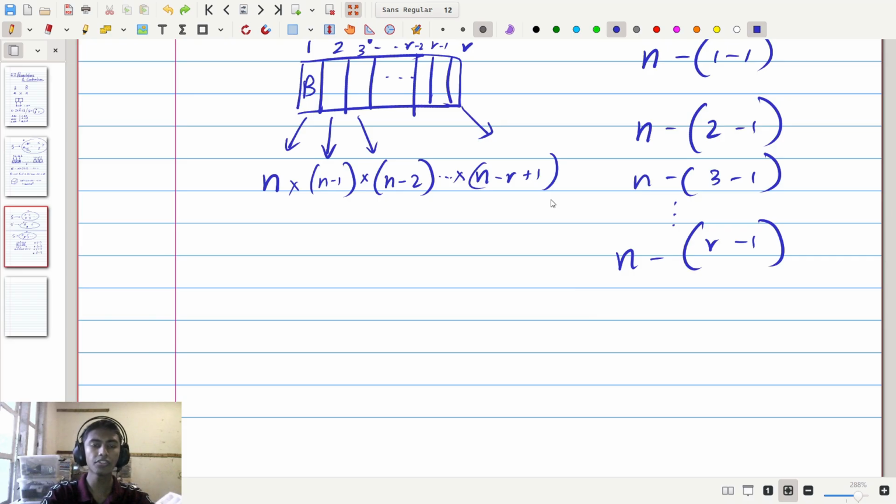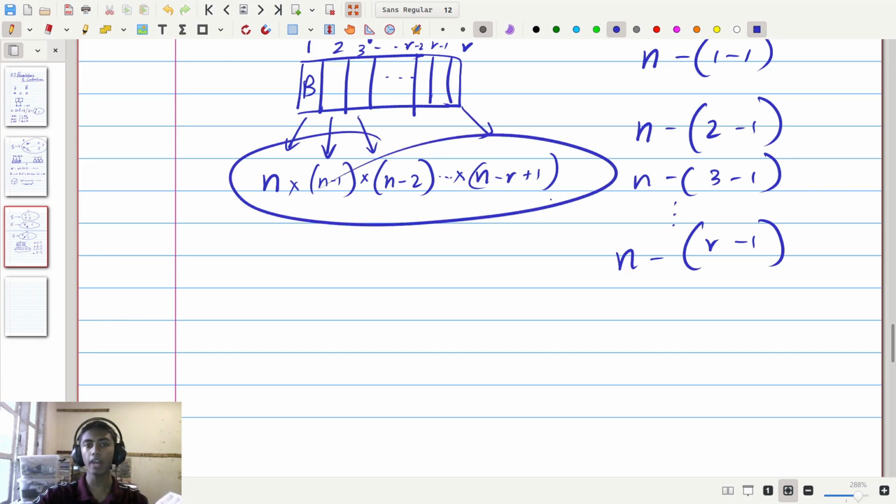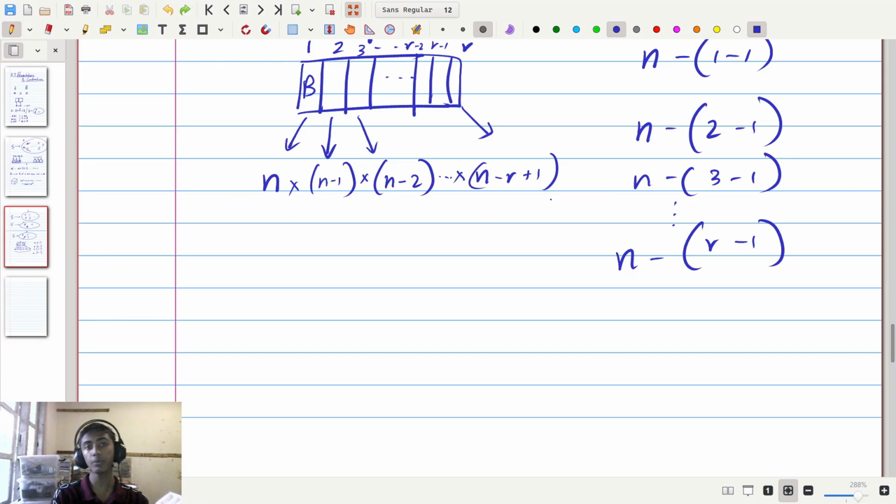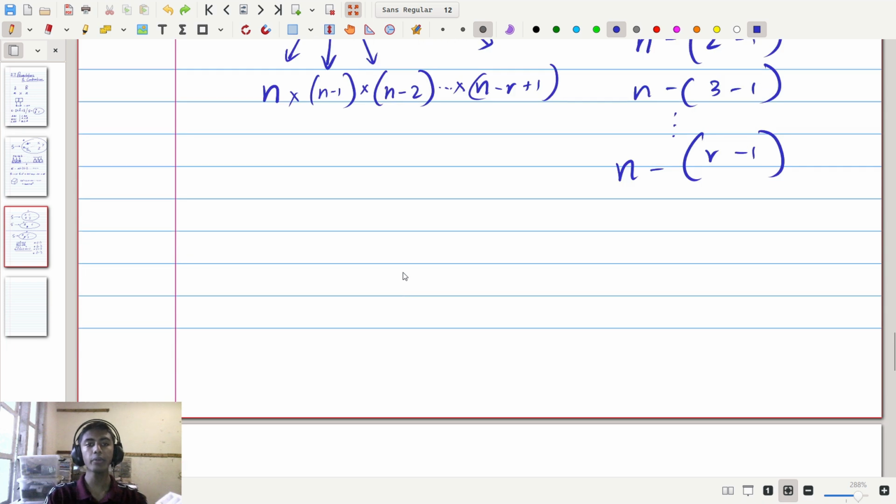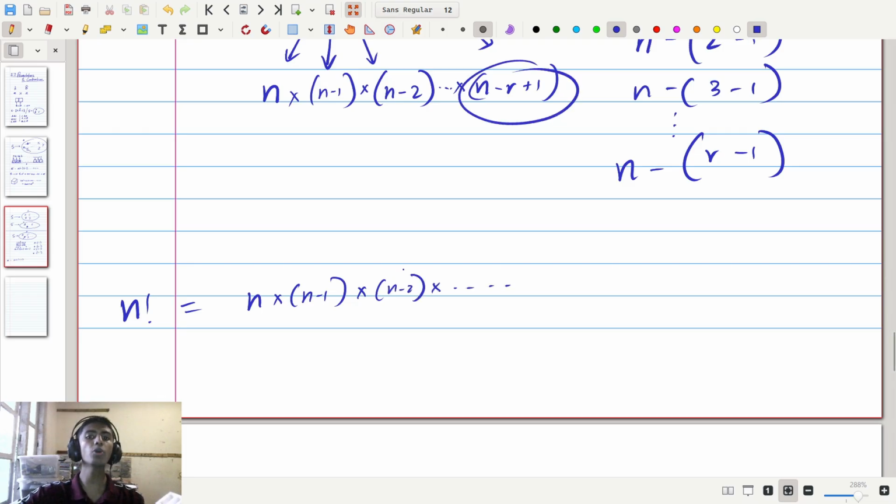So, if we consider this expression, is there any way that we could simplify it and write it in a nicer way, in terms of, let's say, the factorial function? As it turns out, there is a way. If you consider what n factorial is: n times n minus 1, same exact thing as here, times n minus 2 and so on. It goes all the way down to n minus r plus 1, but then it keeps going.